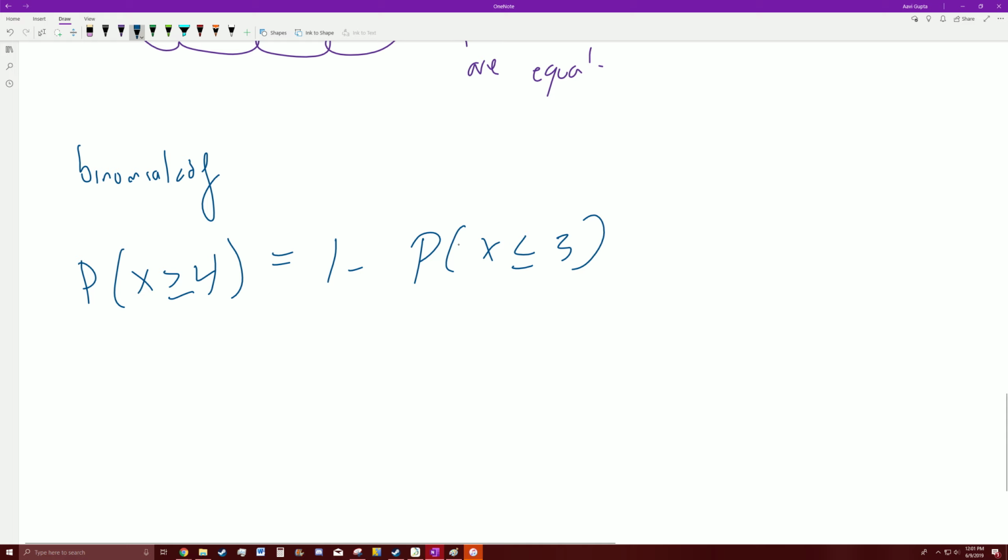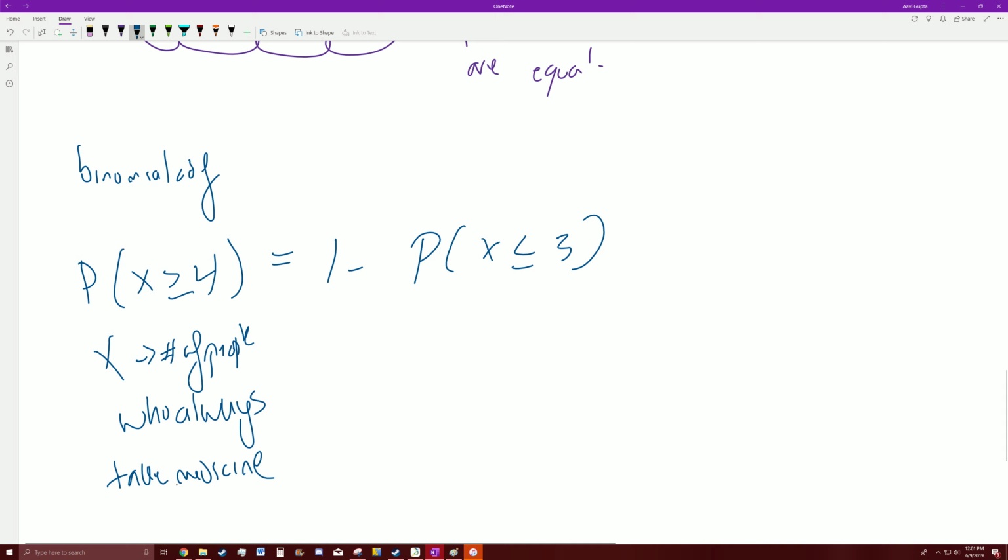Okay, I think what you could do then is just use binomial CDF. You first have to state X as a random variable: X is the number of people who always take medicine.